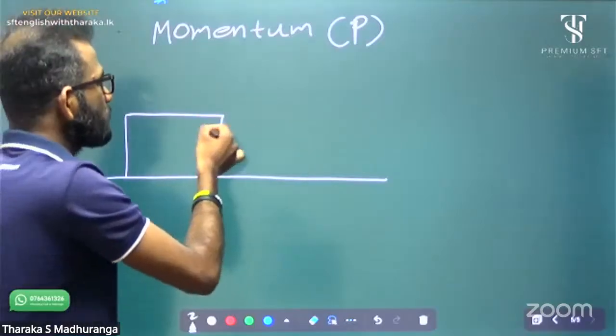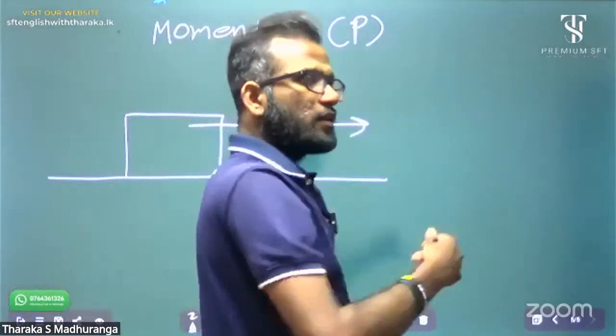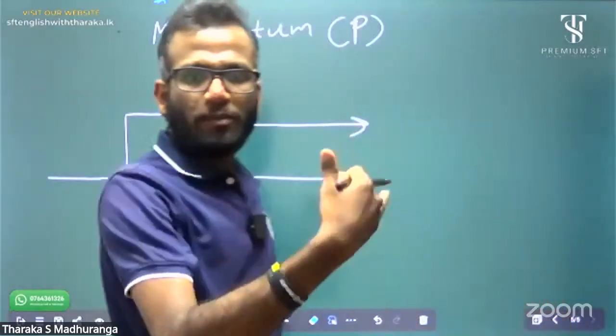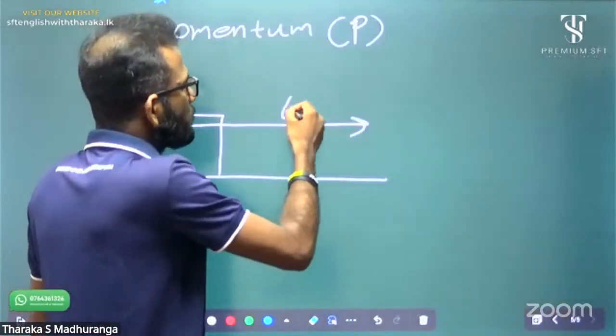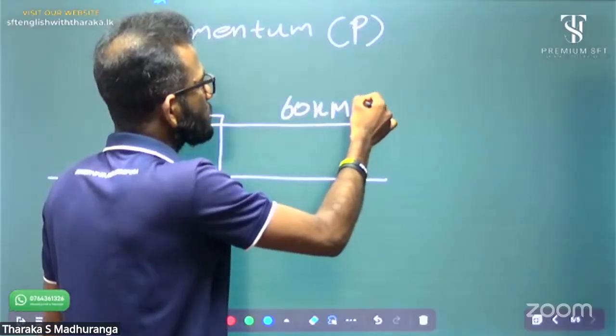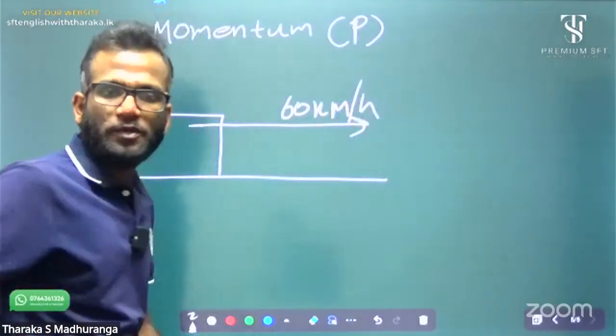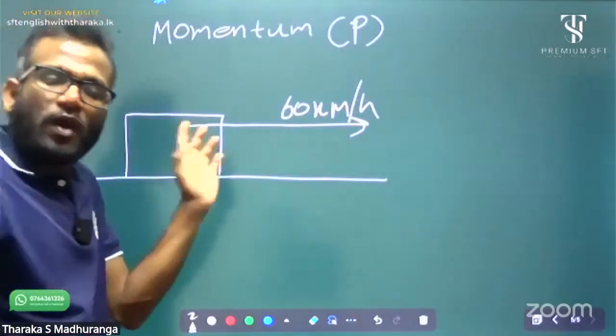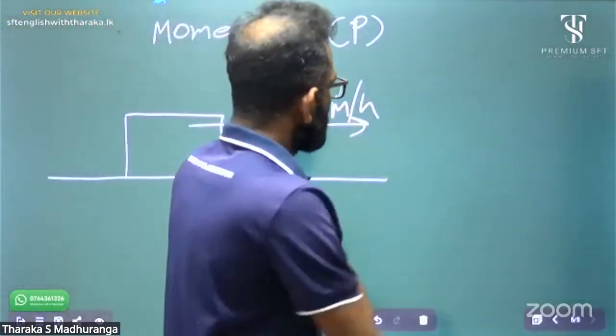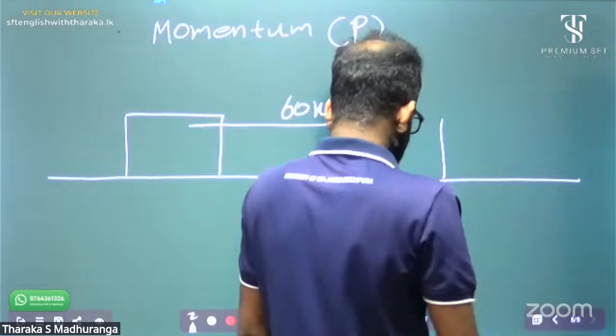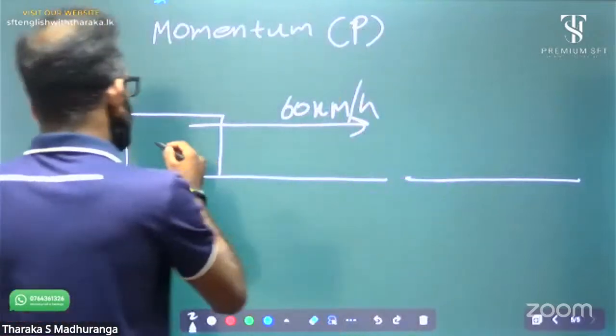Now think this is a container or whatever heavy vehicle. Think it is moving at 60 kilometers per hour, and it is 5 tons.